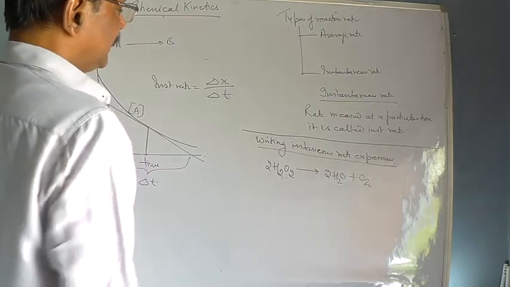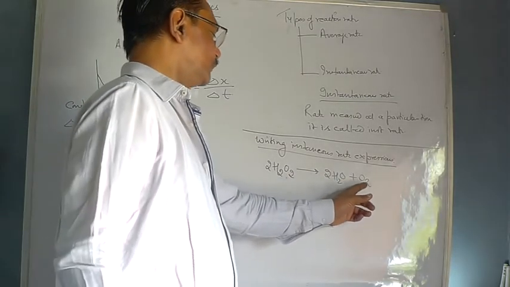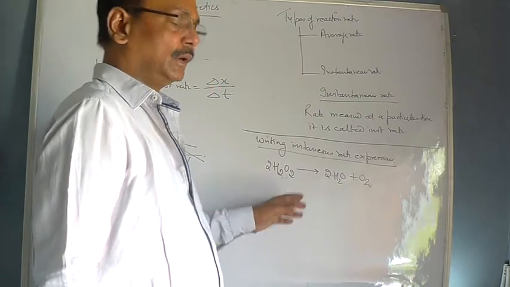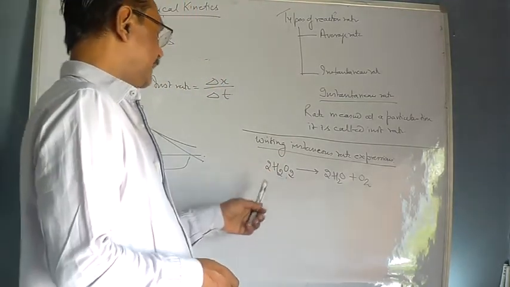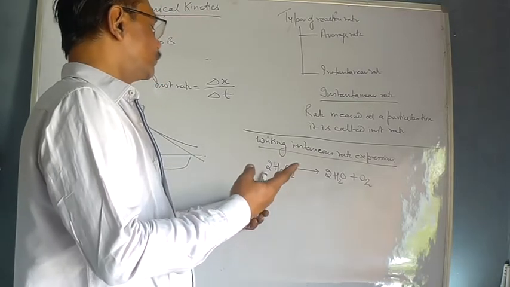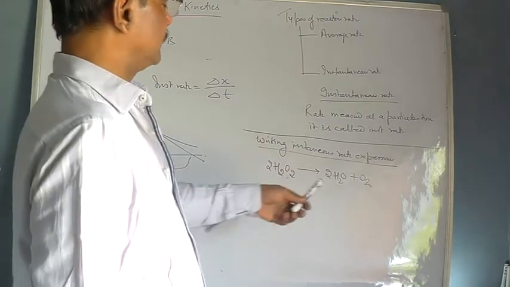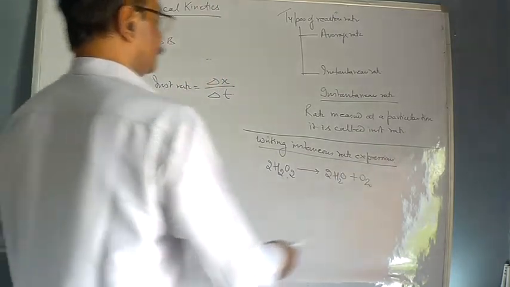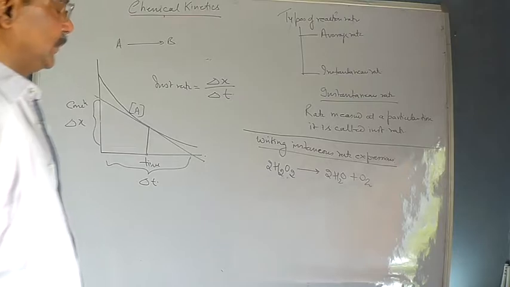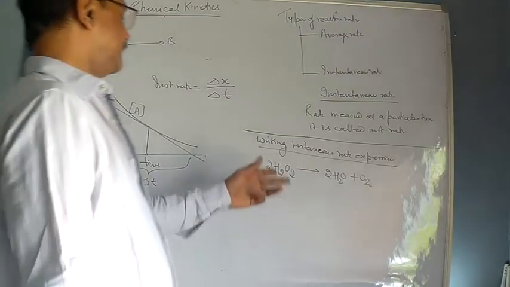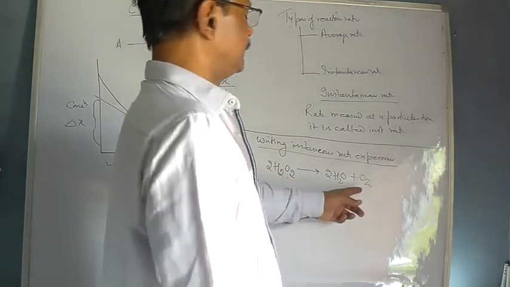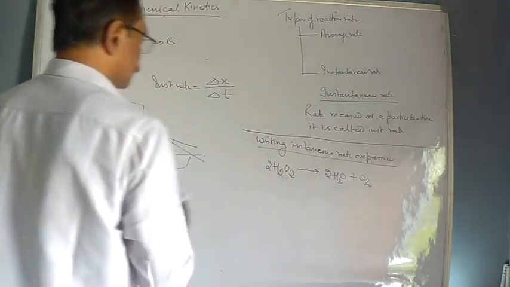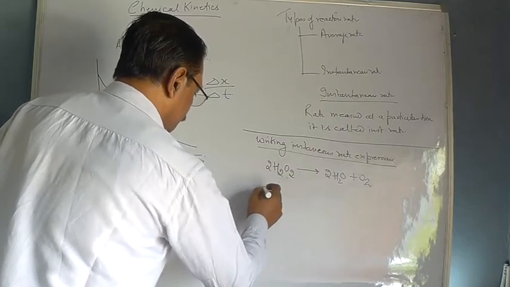So class, can I say that rate of formation of O2 is half of the decomposition of H2O2? Obviously, because in the same time 2 moles of H2O2 breaks, but in the same time only 1 mole of O2 is formed. So therefore we can write the expression as follows. See here, H2O2 is a reactant.